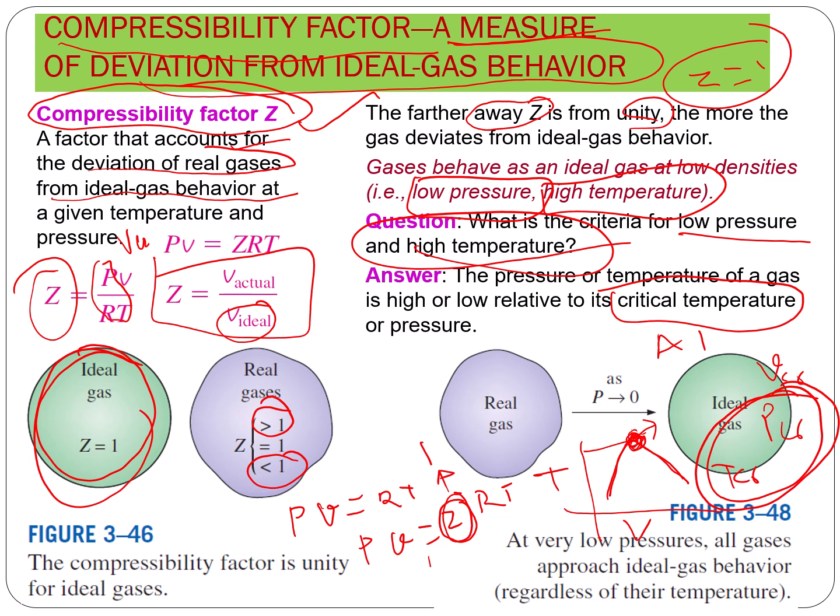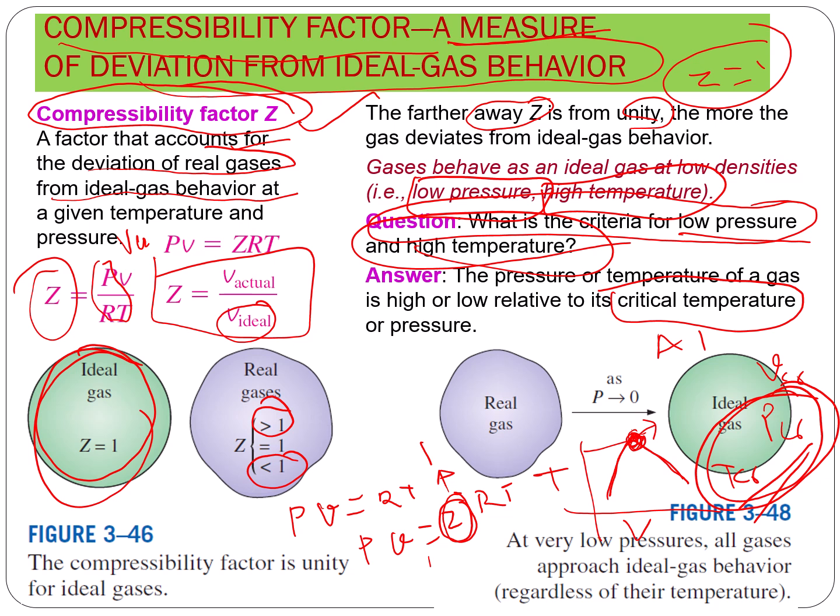The ideal gas equation can be used mostly when you have a low pressure and high temperature. But what is low pressure? What is the word low or high? It is always compared to the critical temperature and pressure. That's very important here.